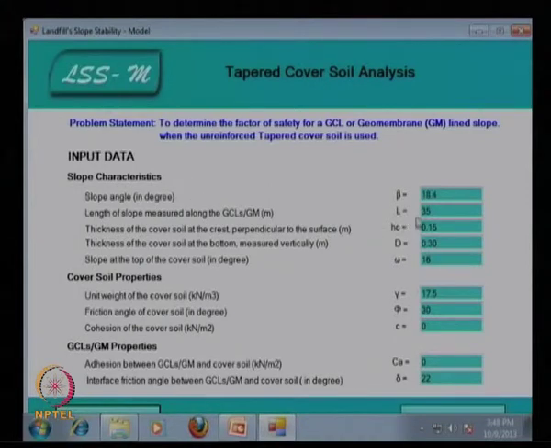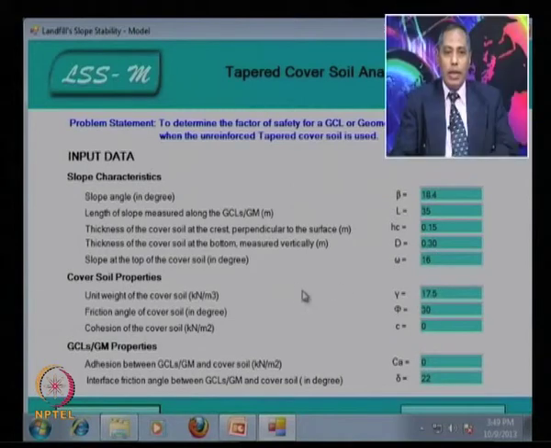Here slope angle beta is equal to 18.4 degree, length of the slope measured along the geosynthetic clay liner, L, is equal to 35 meter, and the thickness of the cover soil at the crest perpendicular to the surface, HC, is equal to 0.15 meter. The thickness of the cover soil at the bottom measured vertically, that is D, is equal to 0.30 meter, and the slope at the top of the cover soil, that is omega, is equal to 16 degree.